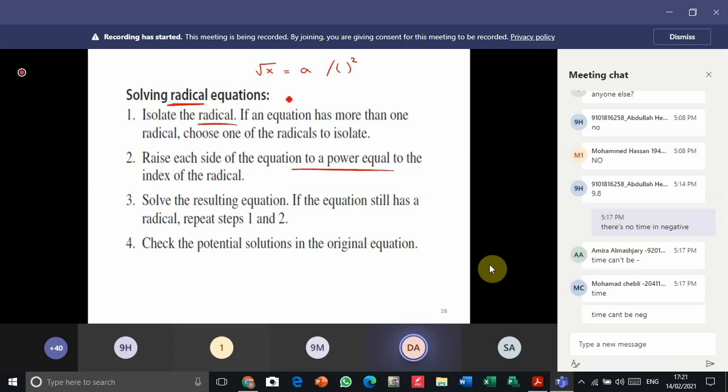If we have the cube root of x equal to a, take both sides to the power 3, and so on. After that, we must check the radical, because radicals, especially square roots, must be checked.